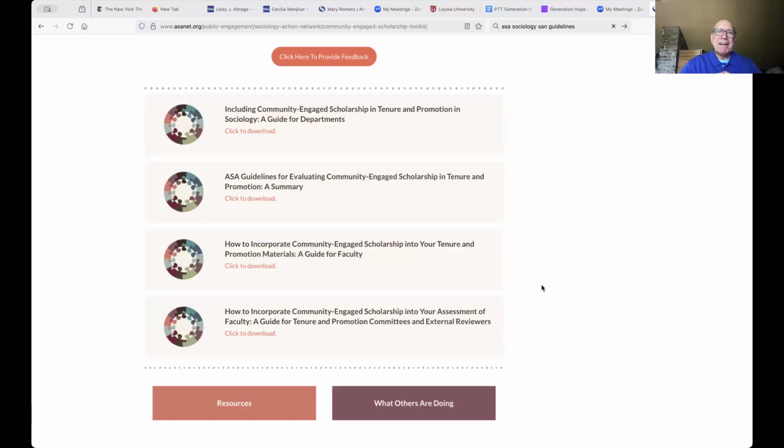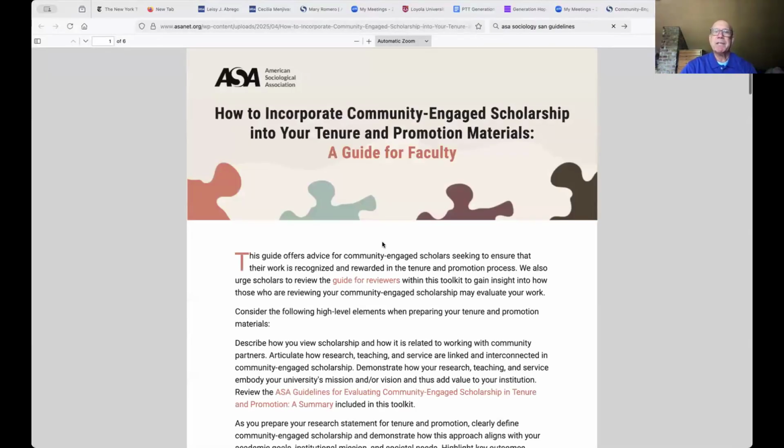Now, amongst all these guidelines, I'd like to focus at least briefly on two of them. And the first is the toolkit and guidelines to incorporate community engaged scholarship in your tenure and promotion. And I would like to say that, first of all, I think that using these guidelines, not just at the time that you're coming up for tenure, but from the very beginning, when you're a graduate student, when you're getting hired, makes sense, because this should not be something that you are now trying to deal with right at the time of getting tenure.